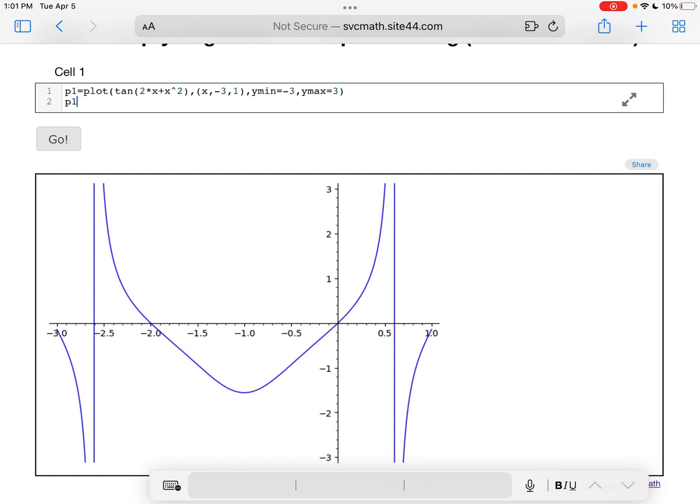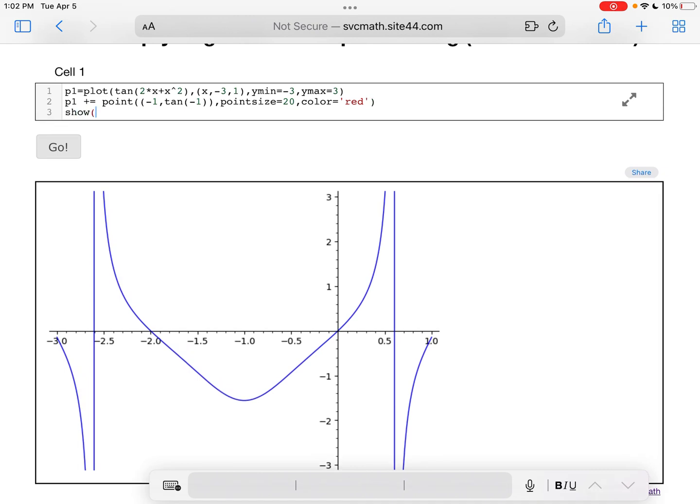Then to p1, with a plus equals, I add another graphic: a point at -1, the tangent of -1, with a point size of 20 or 30 pixels, and the color red so we can see it better. Then I show the graphic p1, and hopefully we get a red point at the very minimum of that function.